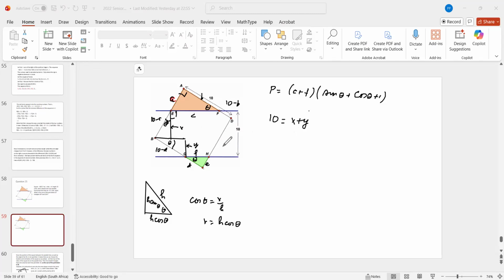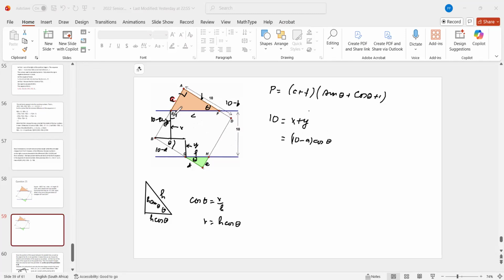Right? Now, what is x? You've got the same thing that I was talking about earlier on. This is 10 minus a. The x is adjacent to this hypotenuse, which is 10 minus a. So this is 10 minus a cos theta. You see?